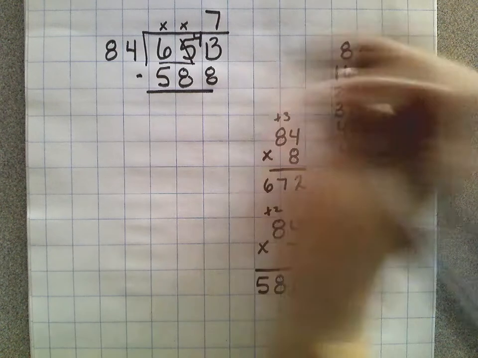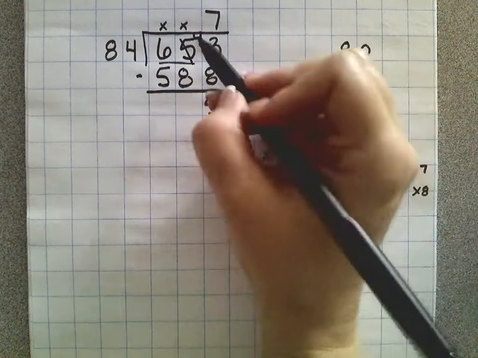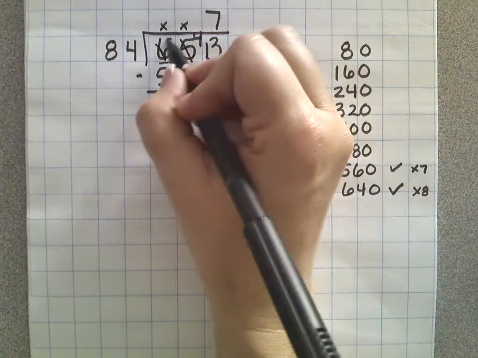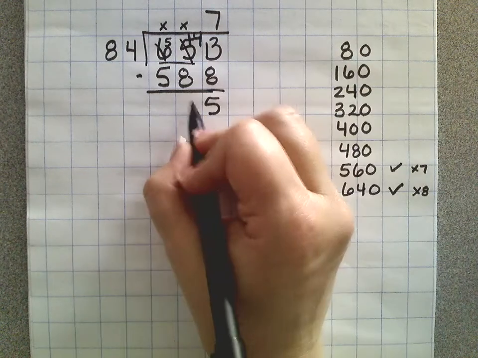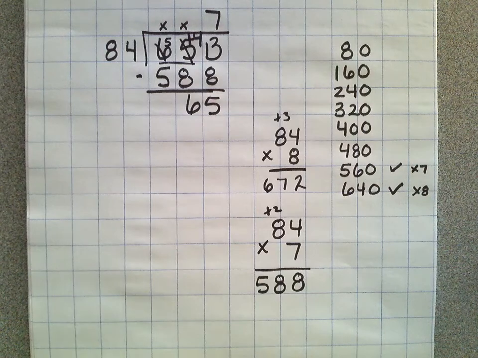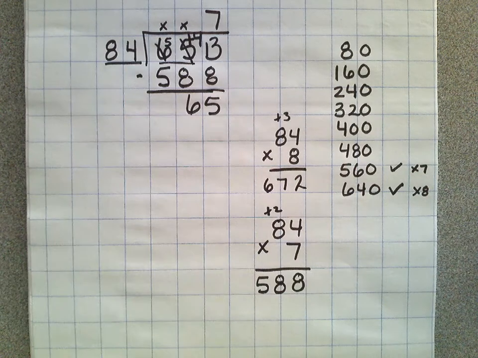That becomes a 13. 13 minus 8 is 5. 4 minus 8, I can't do it. Got to borrow again. This becomes a 5. This becomes a 14. 14 minus 8 is 6. So 5 minus 5 is nothing. I'm looking at it. Seems like an enormous remainder, but remember, the remainder just has to be less than your divisor. So 65 is less than that.